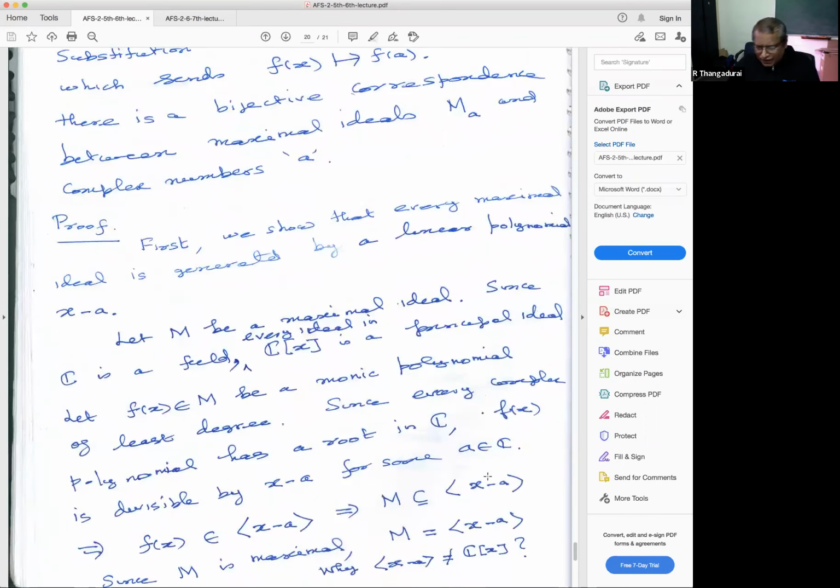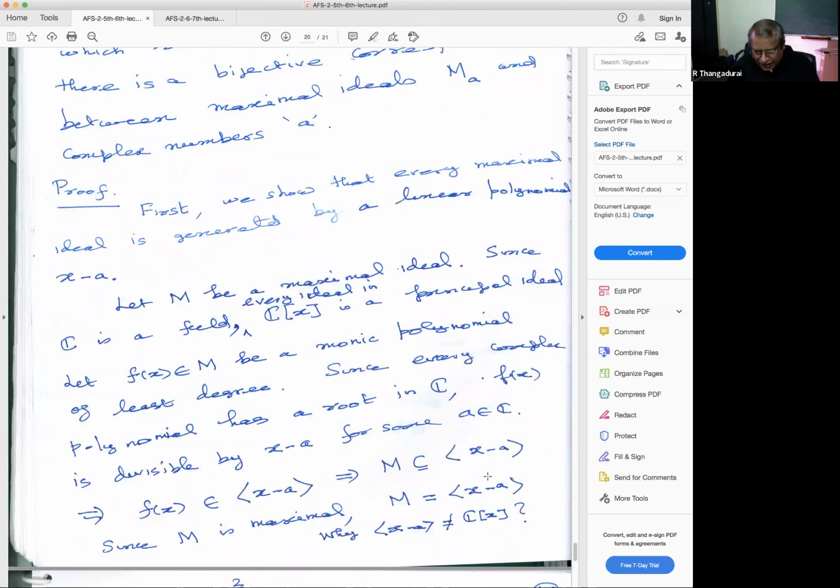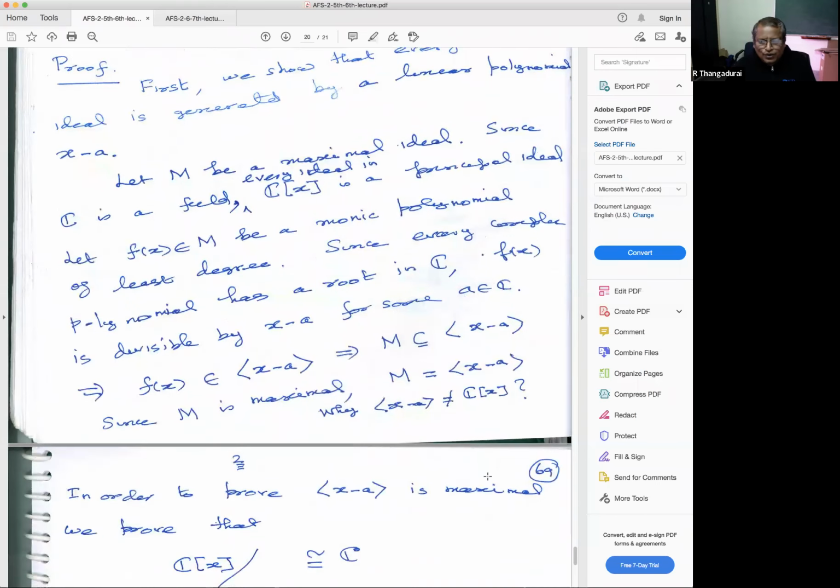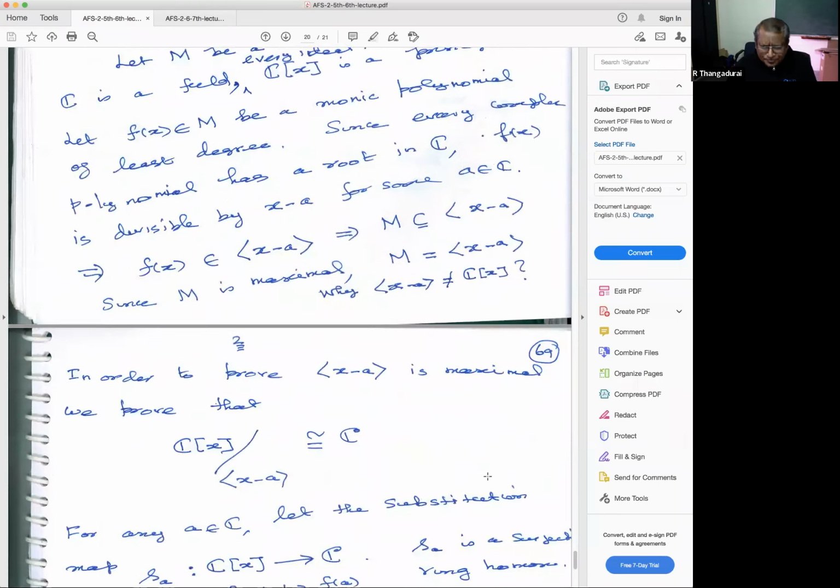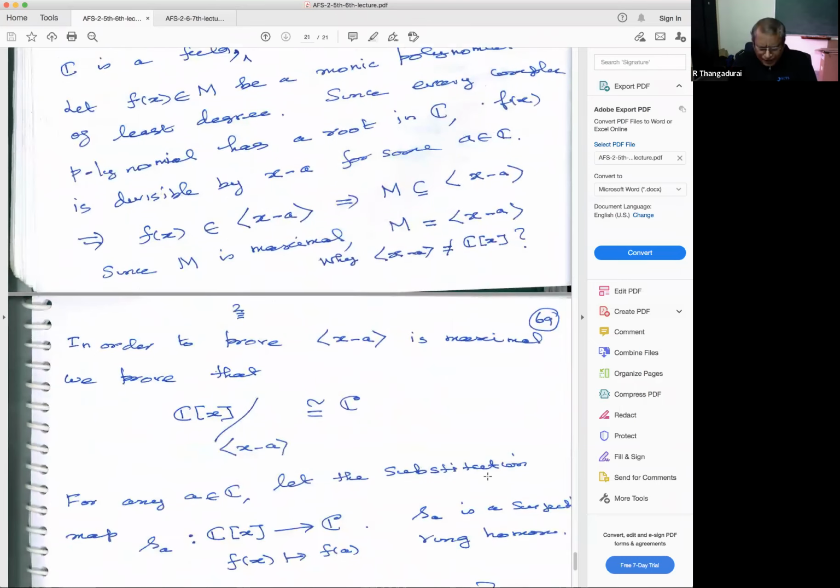What we have proved is that we have taken an arbitrary maximal ideal of c of x, and it is a principal ideal generated by a linear polynomial x minus a. Now we want to prove that every maximal ideal in c of x will look like this.